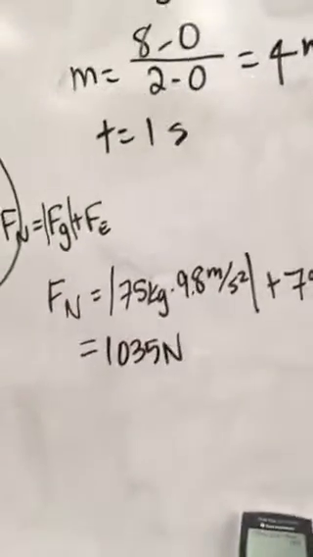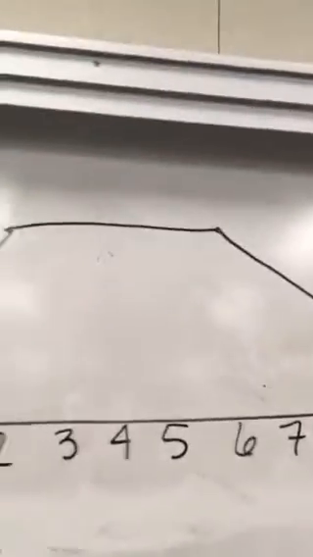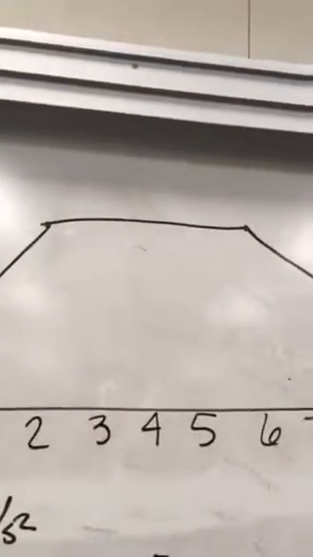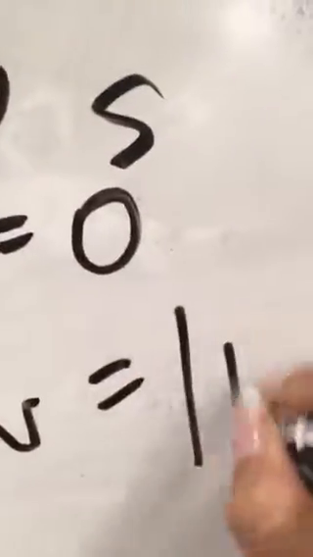So far, so good. So now I want to know about time equals 5 seconds. So if I look back at my graph, I look at 5 seconds, I can see that my velocity versus time graph is flat at that point. So the slope of that flat line is 0. So that means my acceleration of the elevator is 0. So in my equation that I found, normal force is equal to absolute gravity plus elevator.